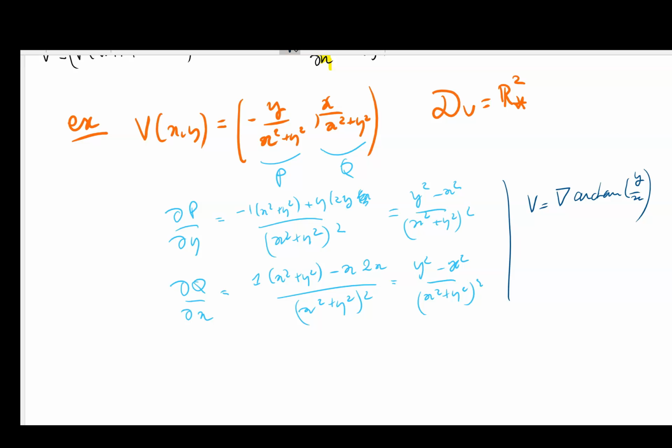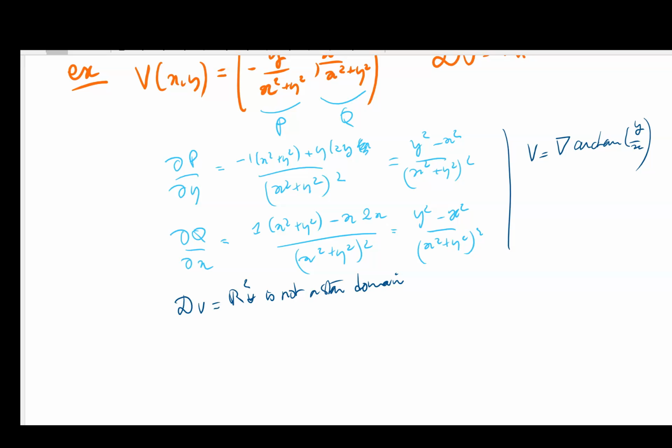So D_V like this, when I choose R² star, is not a star domain, but if I use a second one, let's call that D'_V, R² star minus the negative real line, okay, so the one without the negative real line.